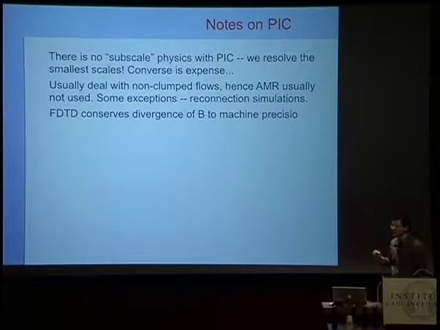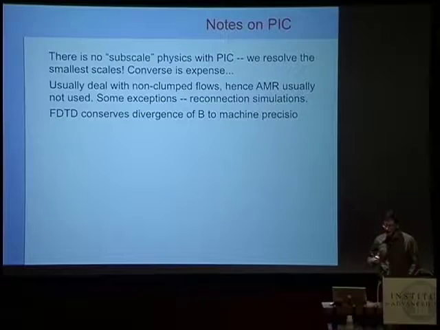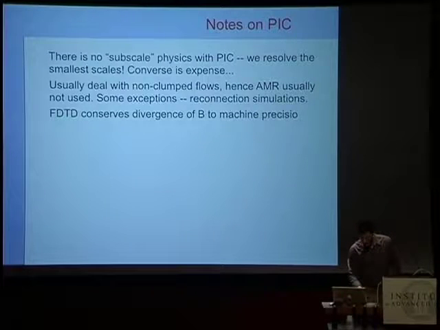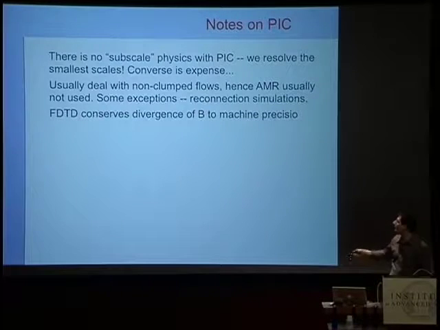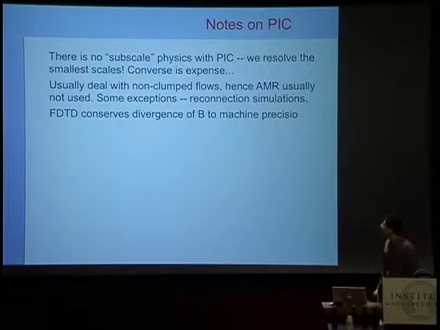There is no genie here. This is the smallest scale you can have in the plasma. You don't have much happening below the skin depths of the plasma, and we actually resolve that scale. So that's a good thing. The bad thing, conversely, is that if you want to do a macroscopic problem, you're stuck resolving all these smallest scales. So you have to be careful in choosing your problems.